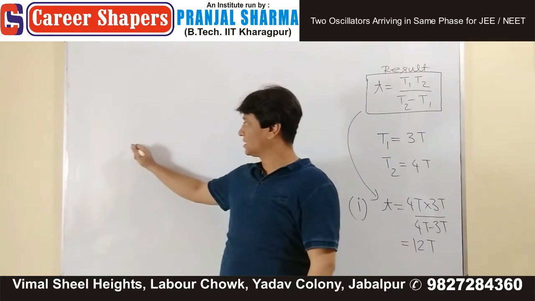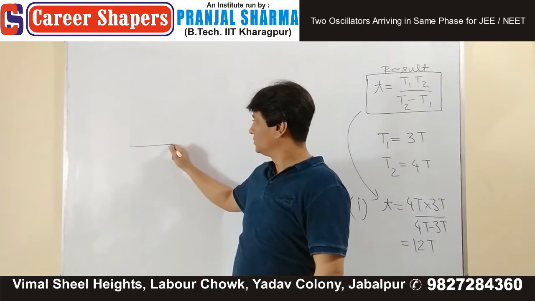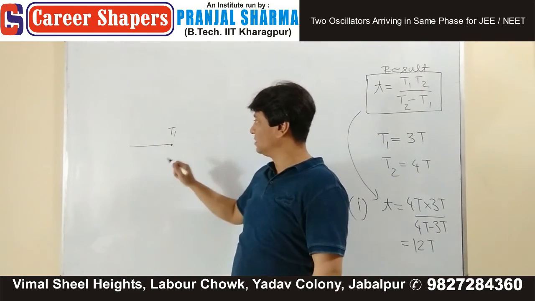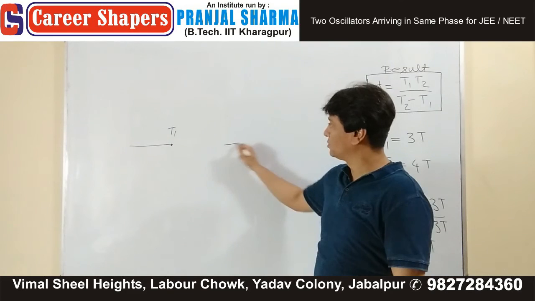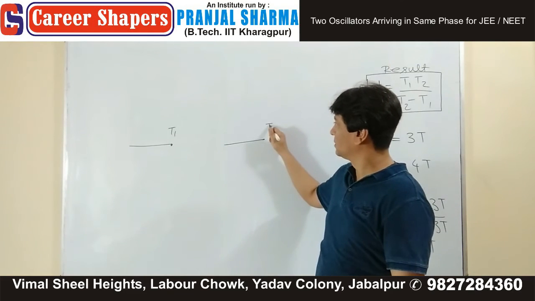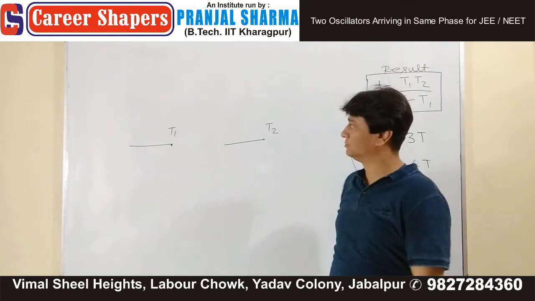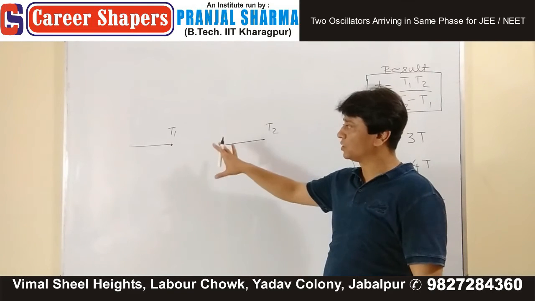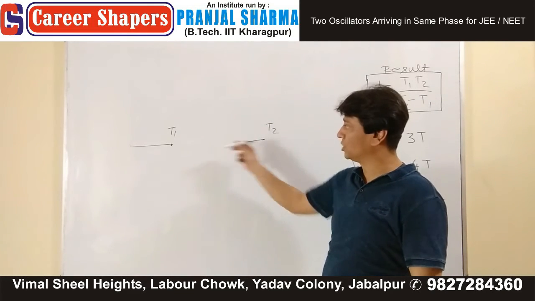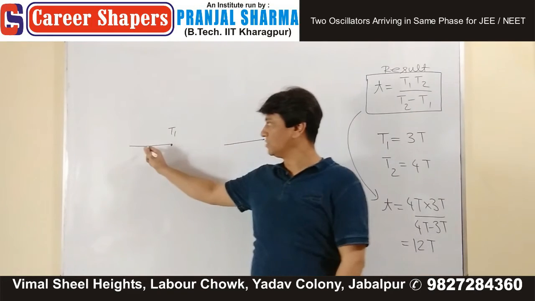Second thing says that this is your first T1, this is second T2. Two rods, they start with this mean position, initial position, and they are rotating this way.